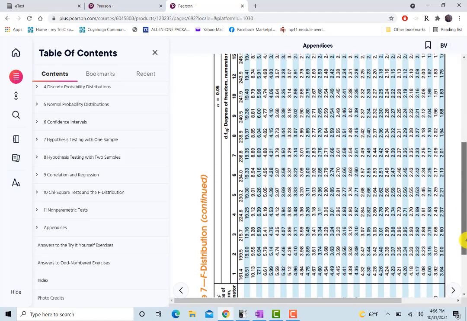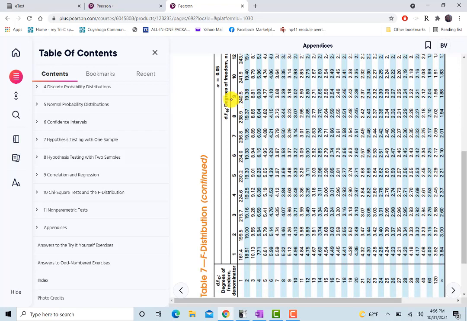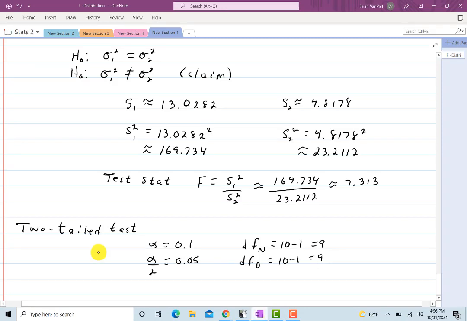All right, so here I am on the table. 9 and 9. Let's see where you're at. There's 9. Let me go up that row until I get to 3.18. 3.18.